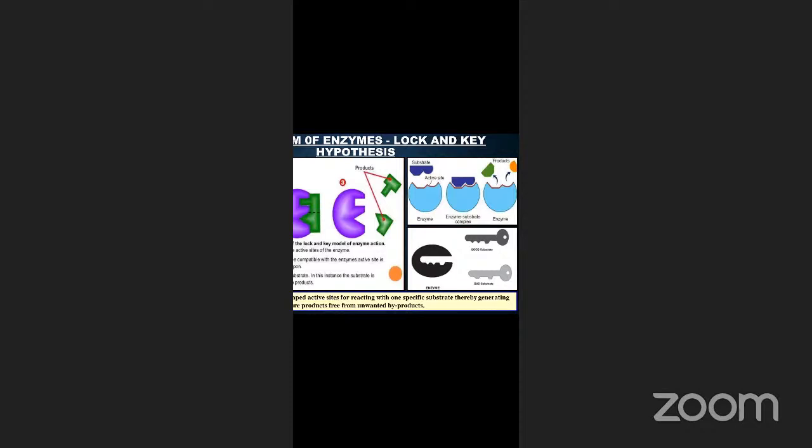This transition state, or intermediate state, is called the enzyme substrate complex, where the enzyme active site is involved with the substrate. This resembles how a key fits into a lock. Therefore, it is called the lock and key hypothesis.